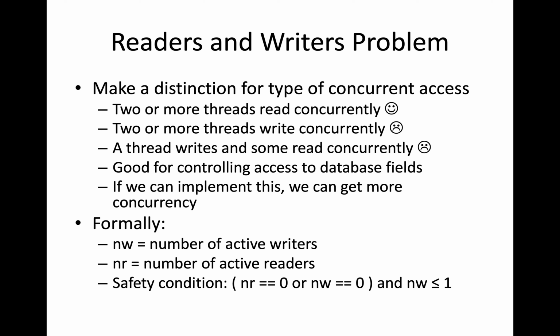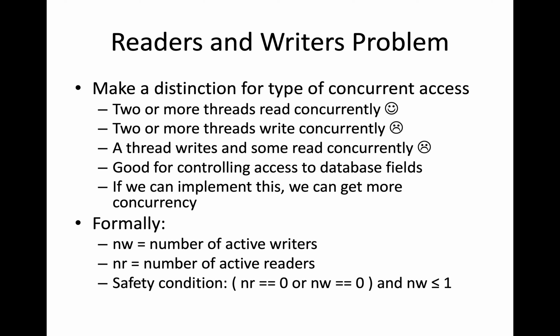So we want to build a synchronization object. We want to build a monitor that enforces this behavior so that threads can go to the monitor and ask, is it okay to read right now? Is it okay to write to this thing right now? And they'll acquire whatever kind of lock they're trying to acquire, either a read lock or a write lock.